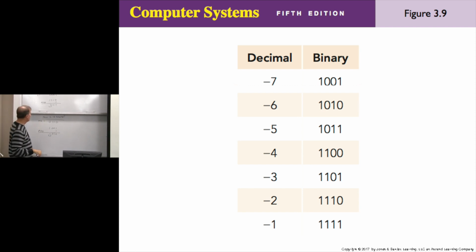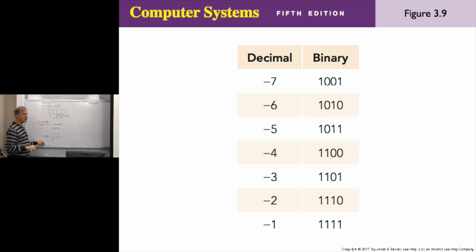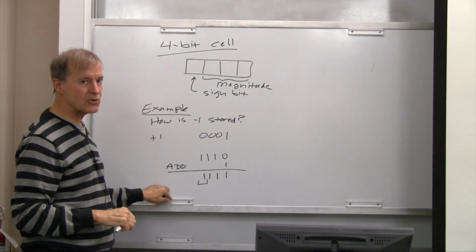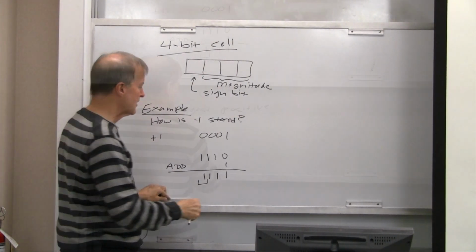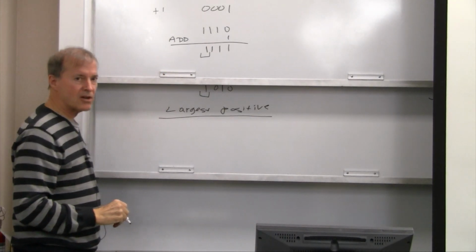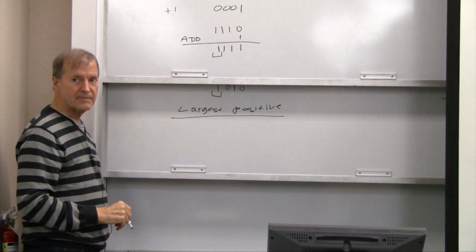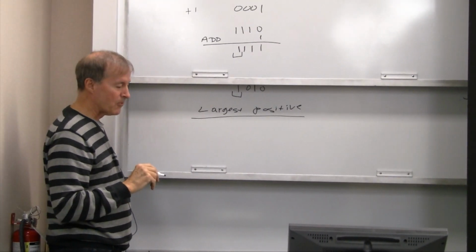Now tell me, with this 4-bit cell, what is the largest positive number we can store? What is the largest positive in binary in a 4-bit cell? No, it's not 1, 1, 1, 1.